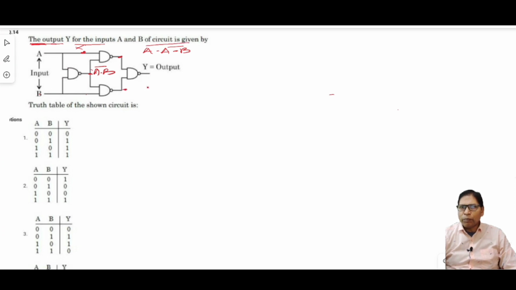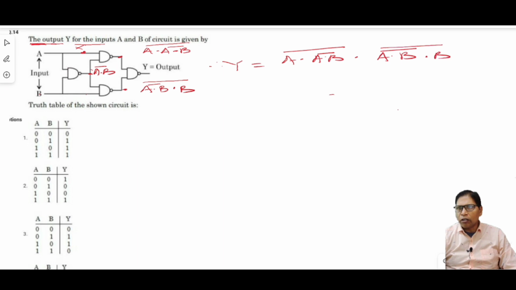And at this point, this is A and B not and B not. So Y is, look at this, A and B not into A and B not and B not whole not.